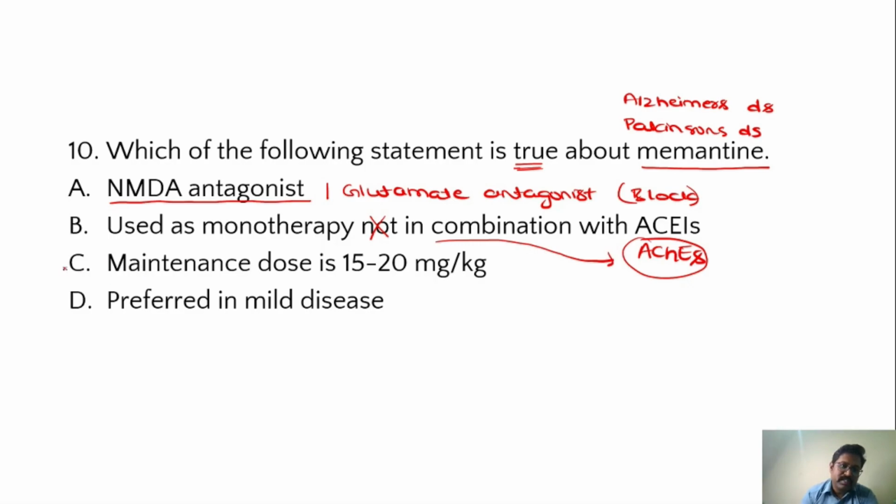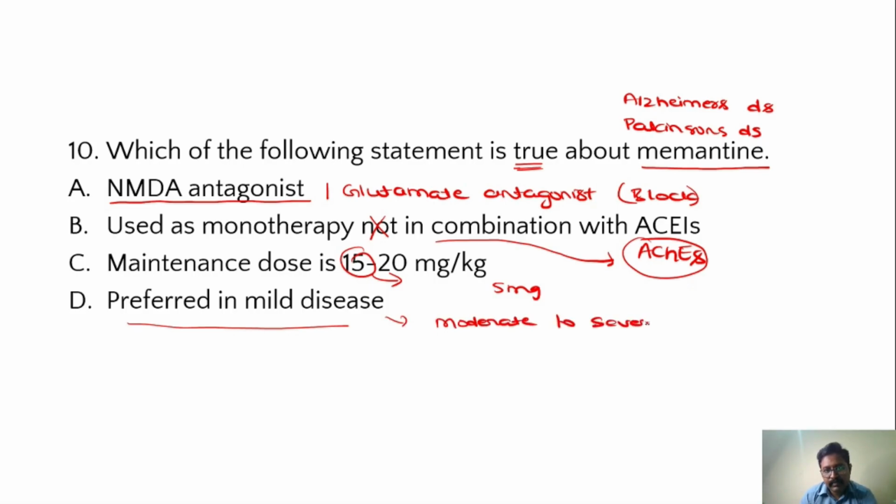What is the maintenance dose? Initially you are going to start with 5 milligram, not 15 milligram. Basically they are preferred in moderate to severe disease. So here the correct statement is that it is an NMDA antagonist.